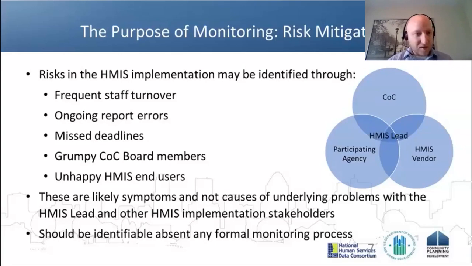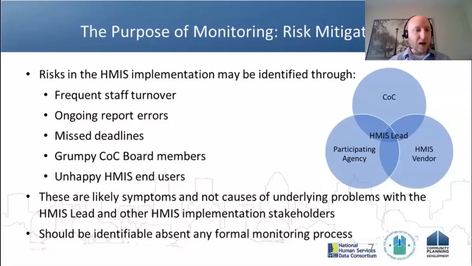One of the worst things is grumpy COC board members. We could also have unhappy HMIS end users. Something there, even having not gone through the monitoring process, may be telling us that there are issues that we should work to address, work to define who's responsible for them, and then go through this 4-step plan, do, study, act process of figuring out how do we improve some of what we're seeing.